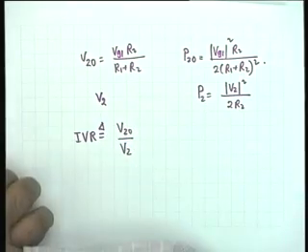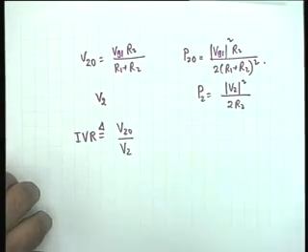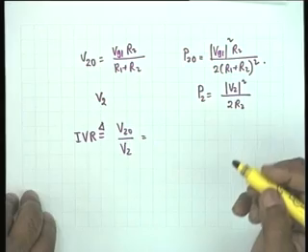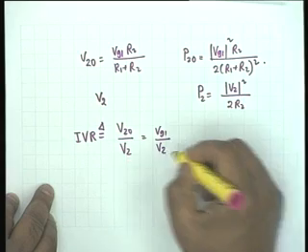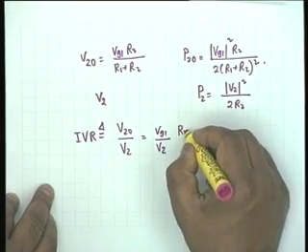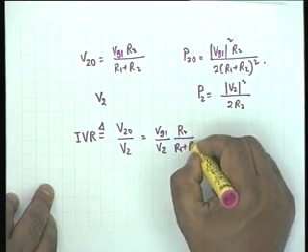That is the ratio of the voltage across the load without and with the network. This is called the insertion voltage ratio, and obviously this is equal to Vg1 divided by V2 multiplied by R2 divided by R1 plus R2.